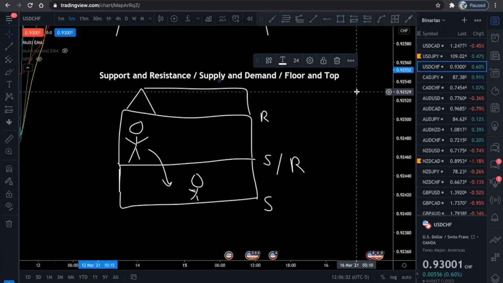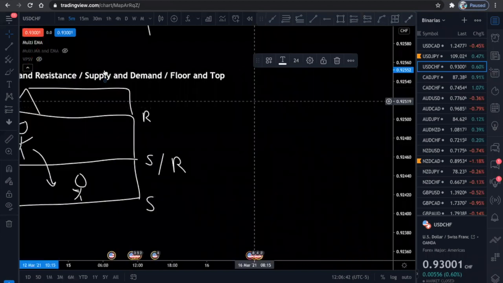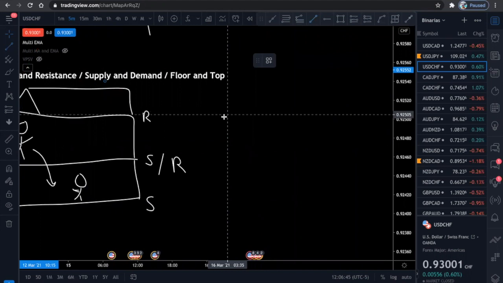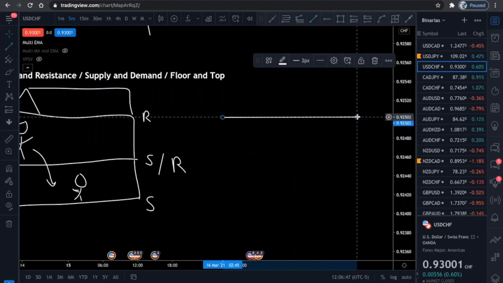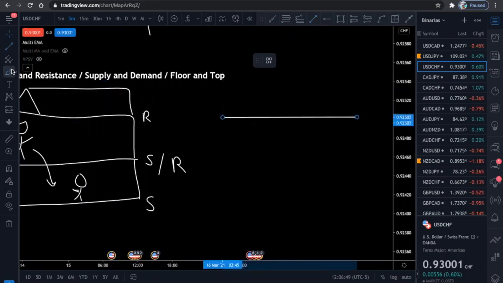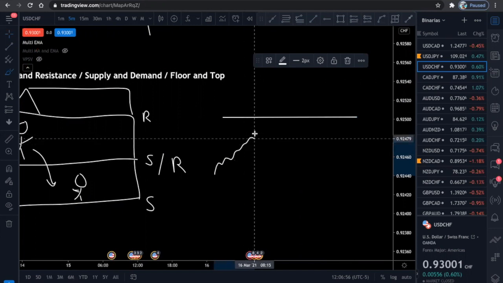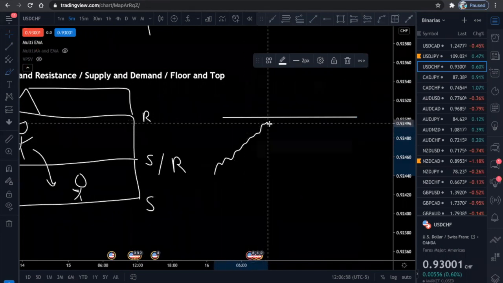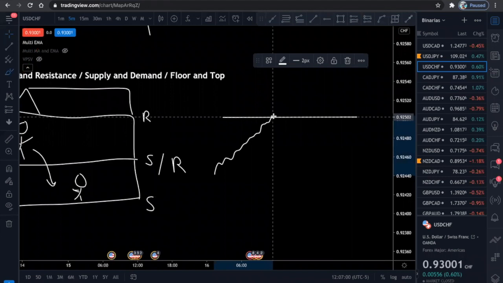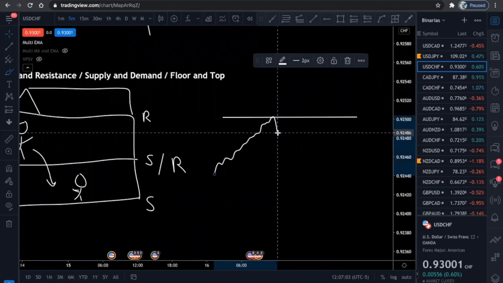Okay? So once we have that figured out, what does that have to do with the price? Prices always look for previous support and resistance in the markets. So for example, if we have a resistance here, what price is most likely to do is go find the resistance, touch the resistance, and then reject the resistance.